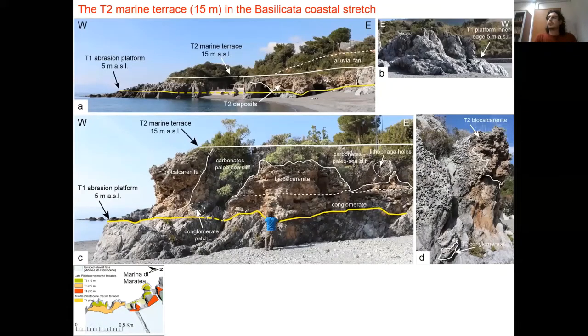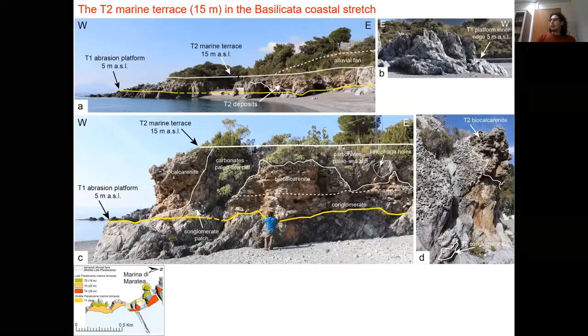Just a few kilometers south of the first outcrops, in the Marina di Maratea area, we can still see the abrasion platform of T1 at 5 meters, where we can also see its inner edge. And above it, there are biocalcarenite deposits that also contain corals, but in this case the mineralogical analysis demonstrated that they were altered, so we can't date them.